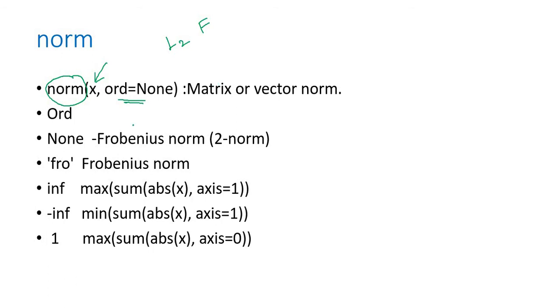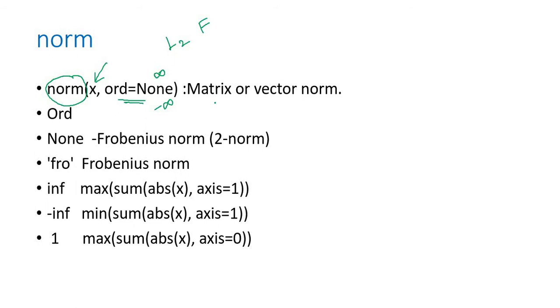If I specify infinity, it will calculate the infinity norm, or minus infinity, it will calculate the minus infinity norm. So basically norm is matrix norm or vector norm. If I don't specify anything, it will calculate the Frobenius norm or Euclidean norm or 2 norm.